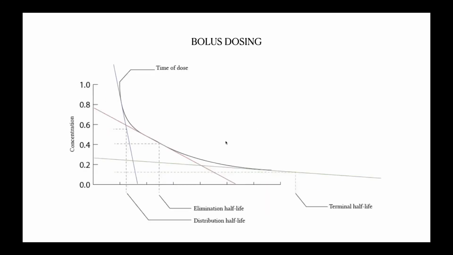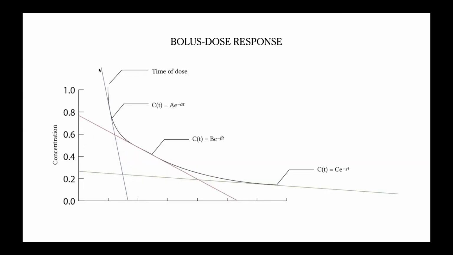And what do they represent? So A has been commonly called to represent the distribution half-life. B represents the elimination half-life. And then C represents the terminal half-life. And note that these are straight lines. So what they've done is they've differentiated these equations.